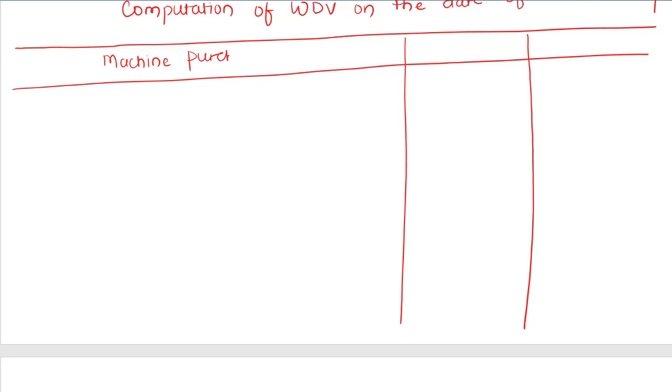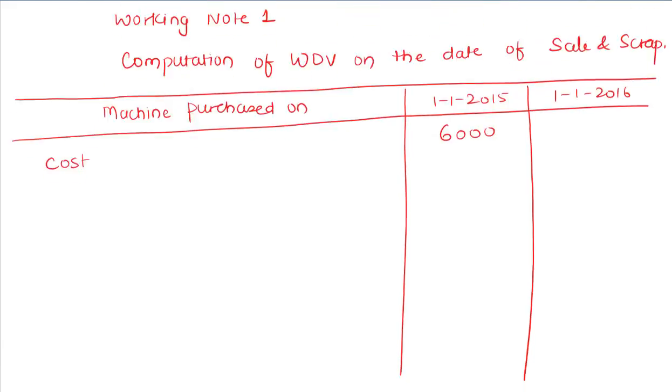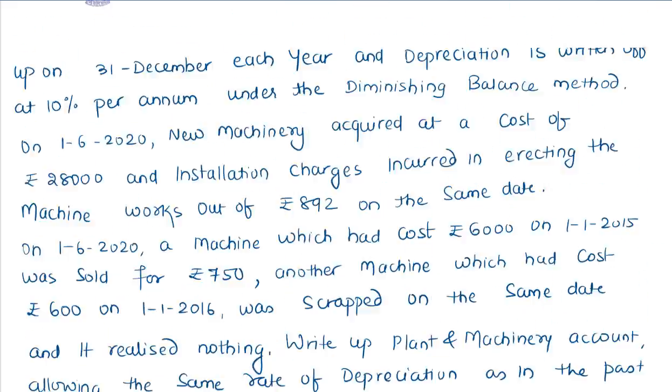Machine purchased on 1st of January 2015 and 1st of January 2016. Cost is 6,000.